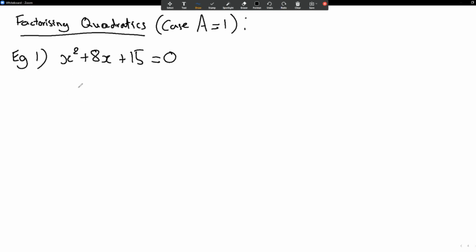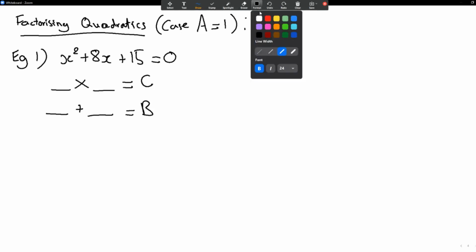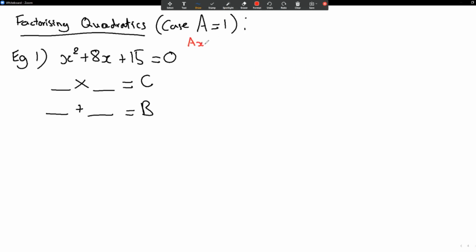So what we do is we can write it out like this. We find out what multiplies to equal c and what adds together to give b. Remember our form, ax squared plus bx plus c equals 0.